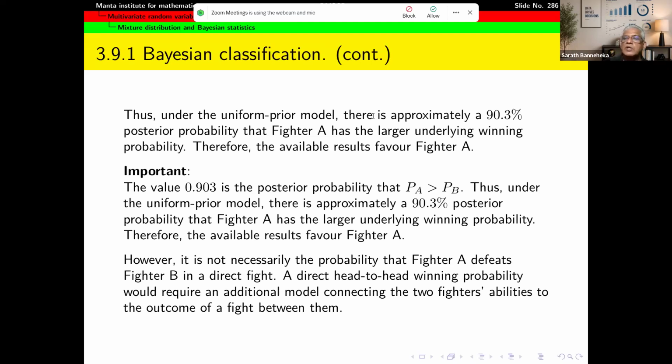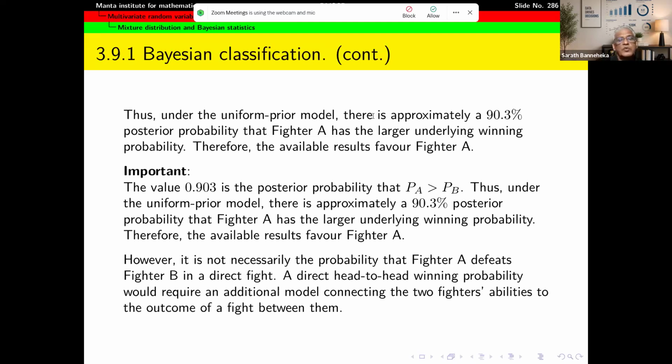But of course, you have to remember at the beginning, I mentioned the data that we had did not come from fights among them. They came from fights with some other fighters. So therefore, this value 0.903 is just a posterior probability that PA is greater than PB.